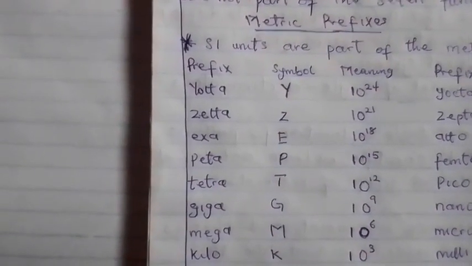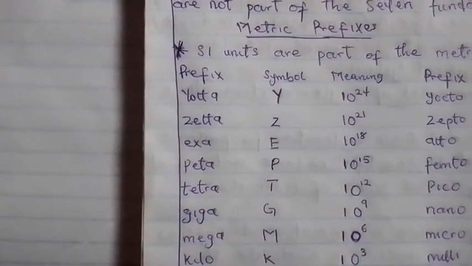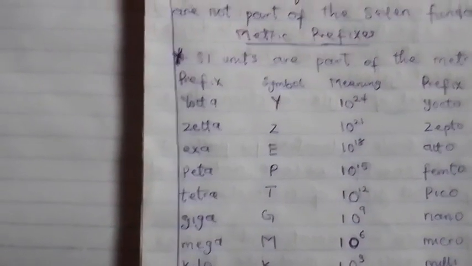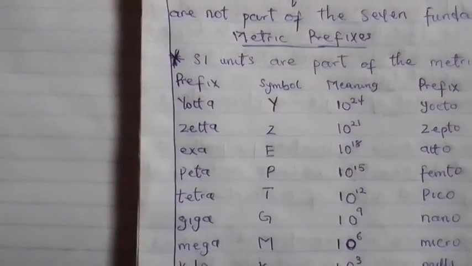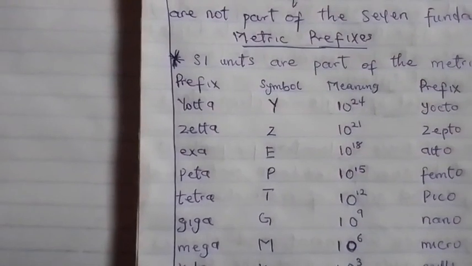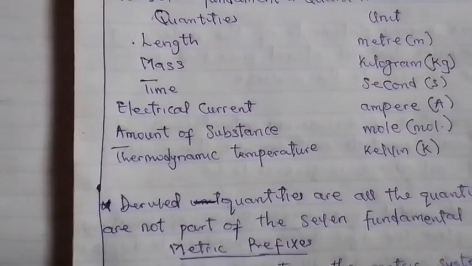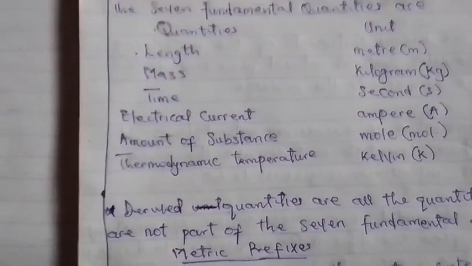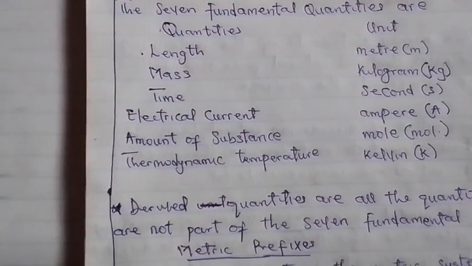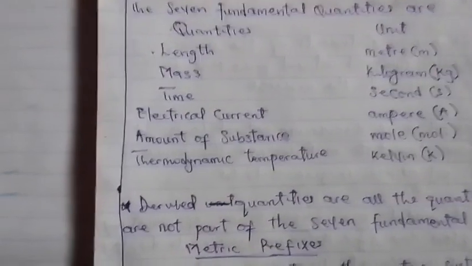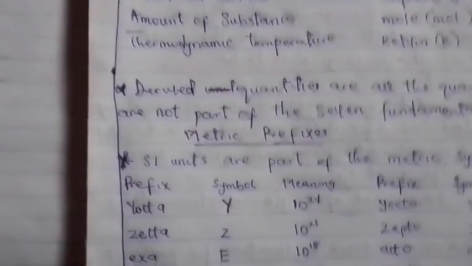The symbol is capital letter Y, and it is 10 raised to the power 24. What do we mean by this? We look at the base unit. For example, when we are talking of electric current, the base unit of electric current is ampere, but we can have many other units. Let's say, for example, we have yotta ampere.